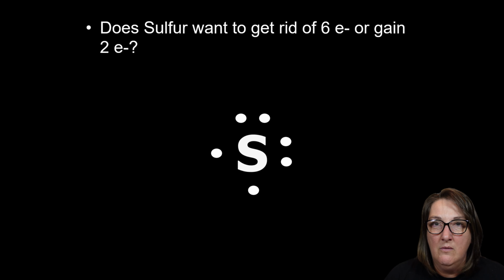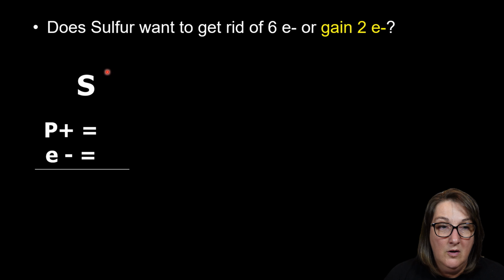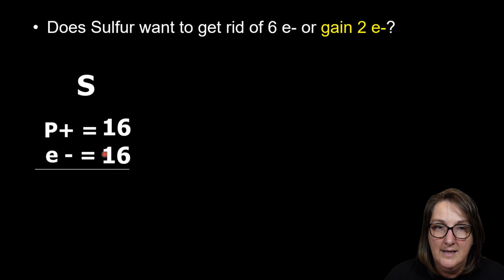So let's look at sulfur. I want you to take a second and try this out on your own. So pause the video. So here I have sulfur. I have 6 valence electrons. Is it going to be easier to get rid of 6 or to gain 2? It's going to be easier to gain 2. So I'm going to look at my periodic table. Sulfur has 16 protons and 16 electrons when it's neutral.